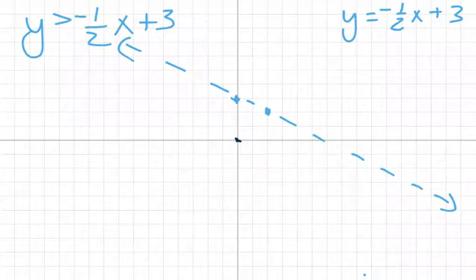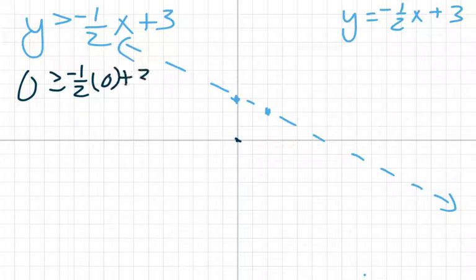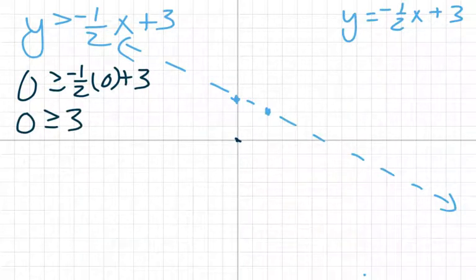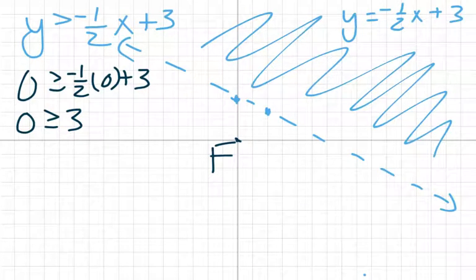So we'd plug in y is equal to 0 and x is equal to 0, and that simplifies to 0 is greater than 3, which is false. 0 is not greater than 3, which means that this side over here is the false side, which means this side must be the true side, and we always shade the true side.